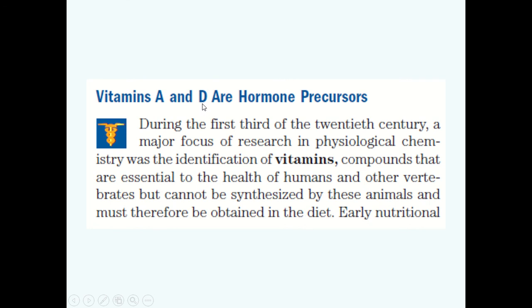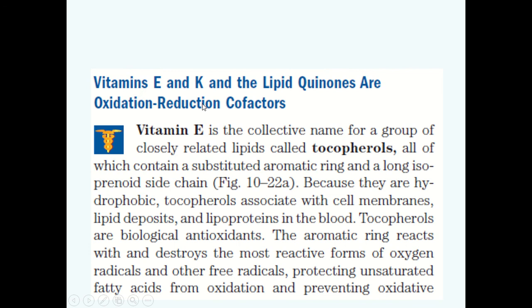But in addition, they're also important as signaling molecules. They act as hormones as well. They're important for regulating several important processes in the body. They're important for controlling development and growth. They both are fat-soluble vitamins and therefore are also classified as lipids. They not only act as vitamins but also are important for cell signaling and communication.